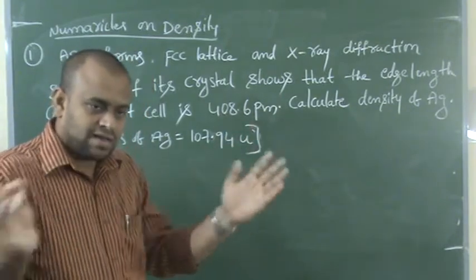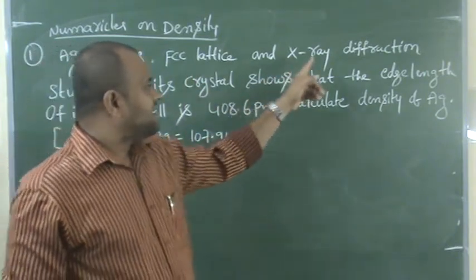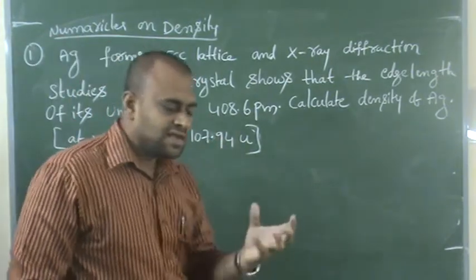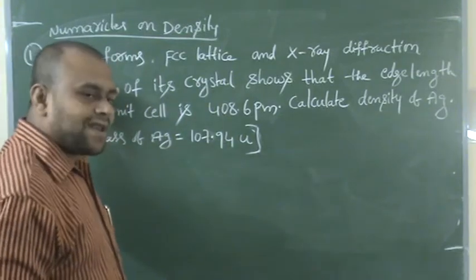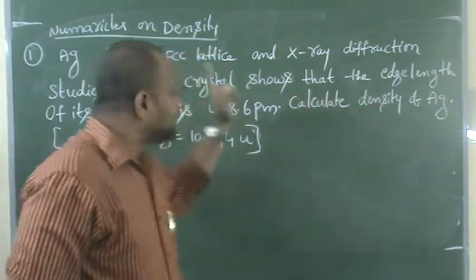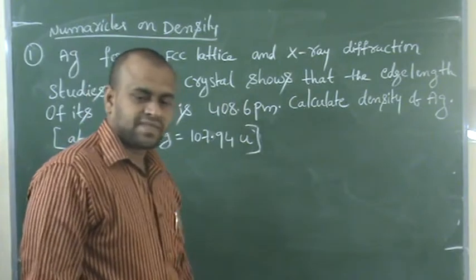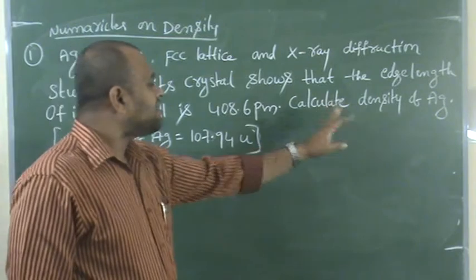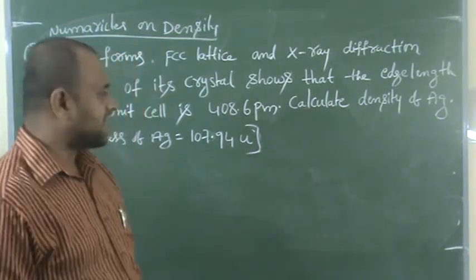X-ray diffraction studies of its crystals show that the edge length of its unit cell is 408.6 picometers. They have given the edge length. Calculate density of Ag.